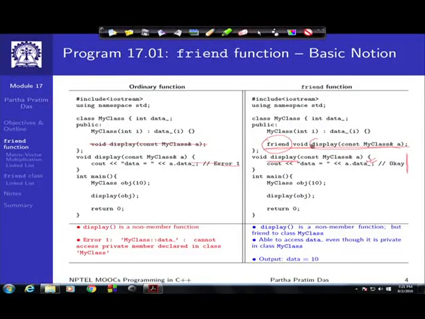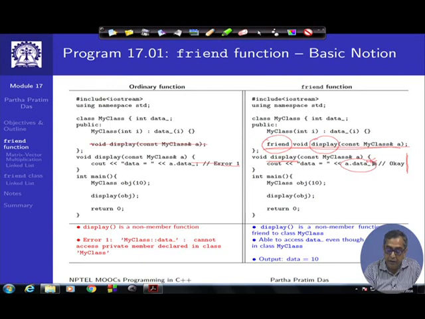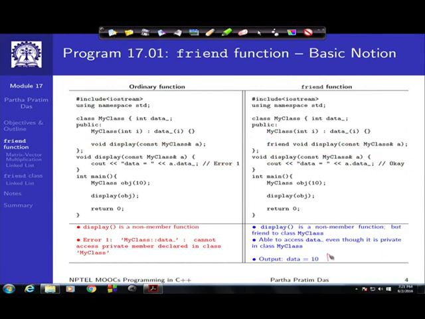Here, my class is saying that the display function, which is outside of this class and not a member function, is still a friend, and therefore, the private data of this class will be exposed to it. That is the basic idea of a friend function. So this will give a compilation error, but this will produce the right output.